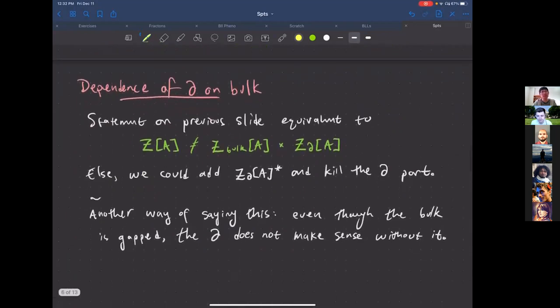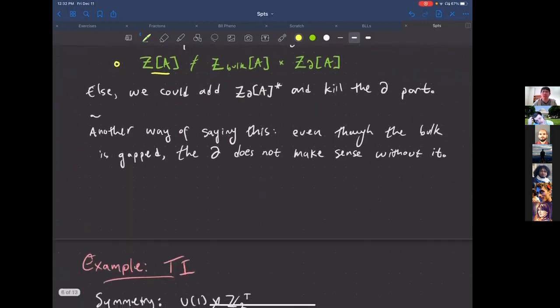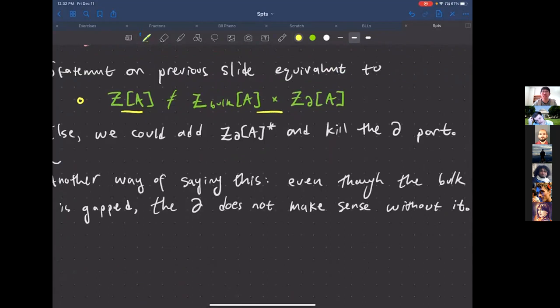So what I was just trying to say is this statement here. The statement is that when I have a manifold with a boundary, and I add these domain wall things, this background field, then the partition function does not factor as this product, right?